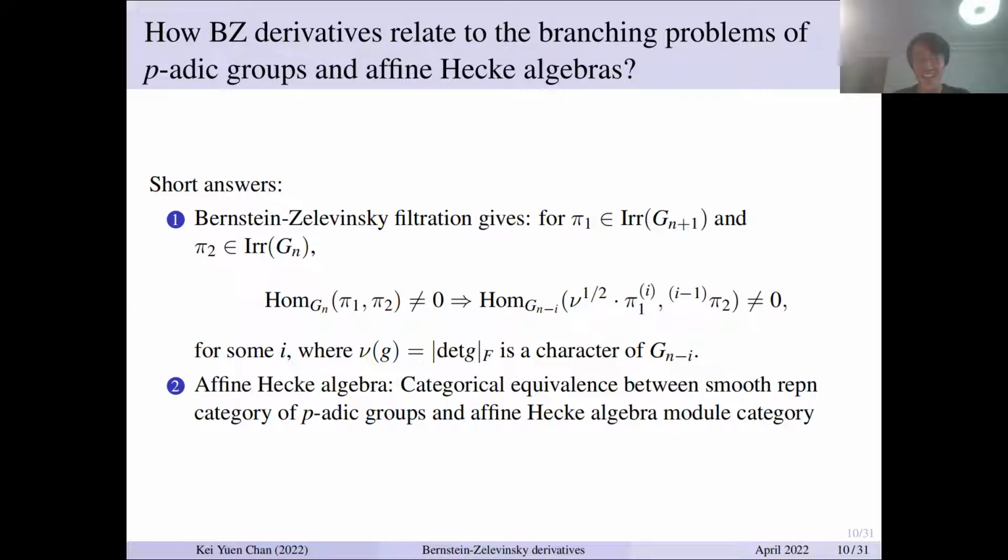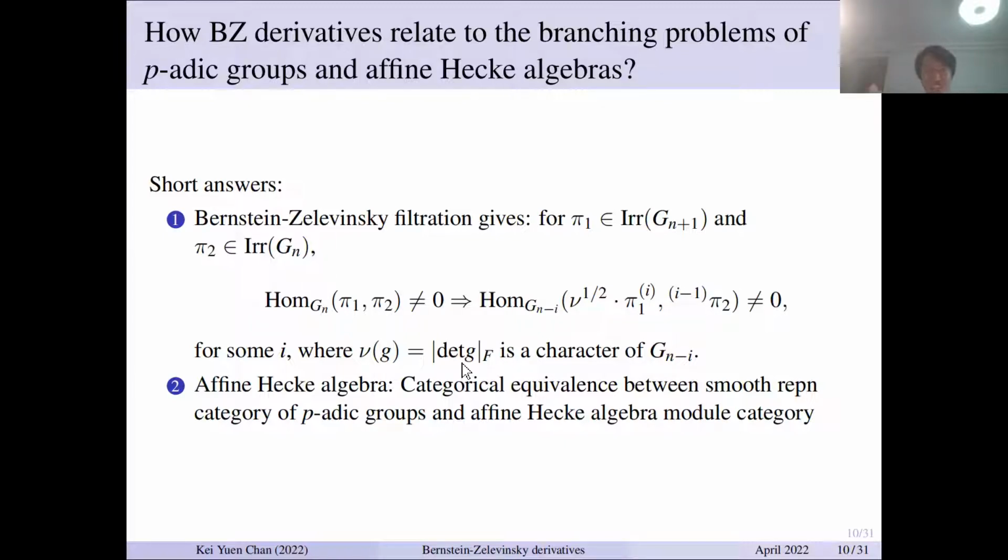Then, using some adjoint property, you can change the Hom to another form, Hom over G_{n-i}, with some twisting, involving π1^(i), which is the left derivative we introduced on the first page. Here ν is the determinant character, twisted by some characters.